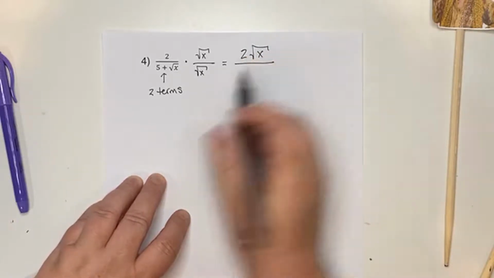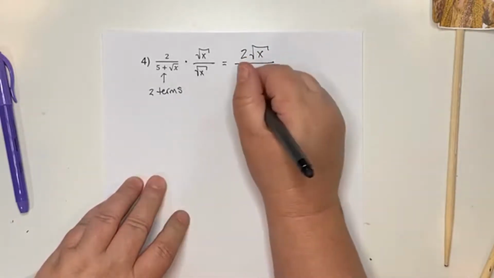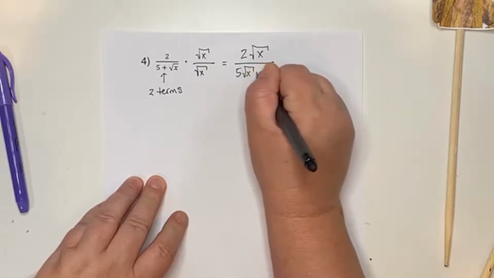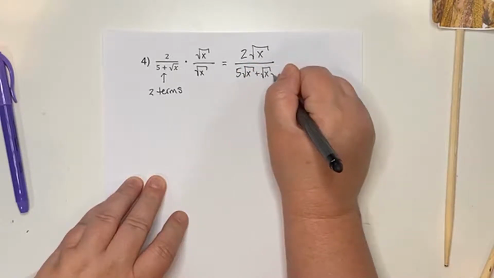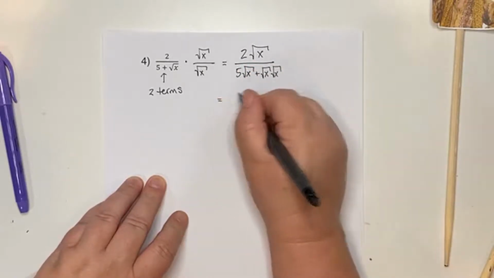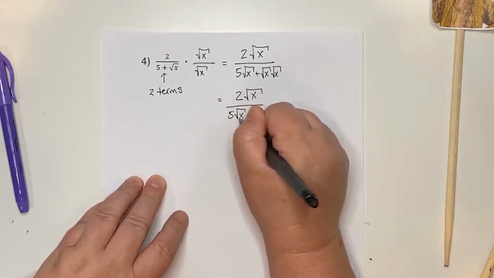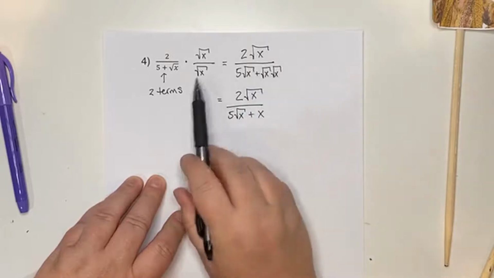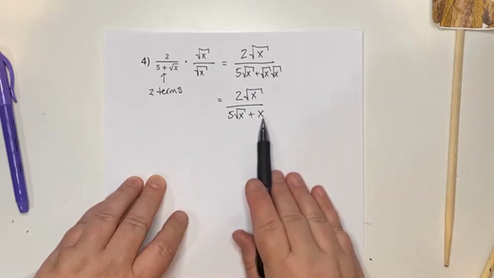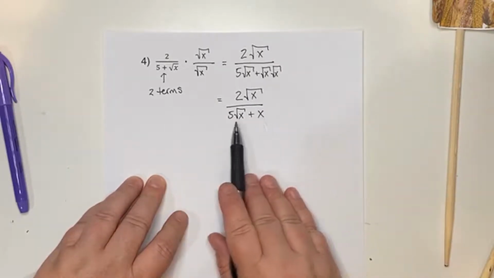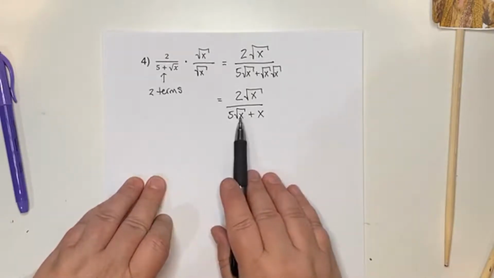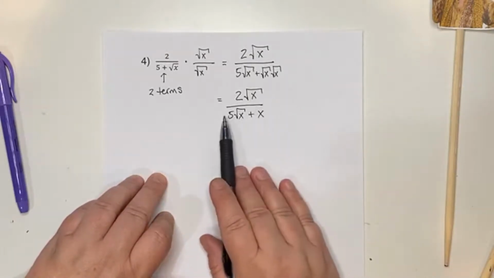And then you'll get, remember, it has to multiply times each of them, 5 radical x plus radical x times radical x, which is awesome. But 5 radical x plus x. So multiplying by radical x fixes this one, but then it infects the first term with a radical. So you just shifted the radical.